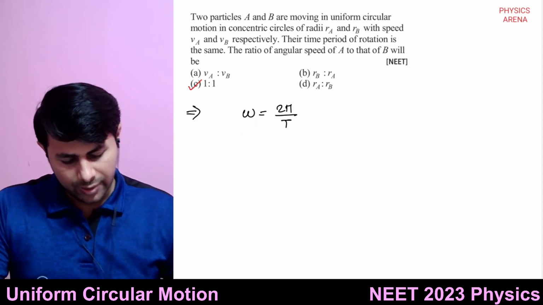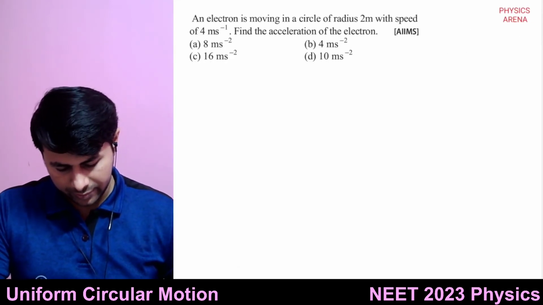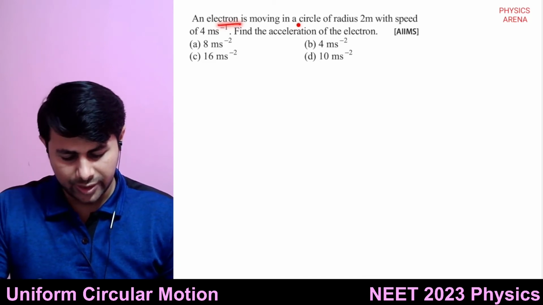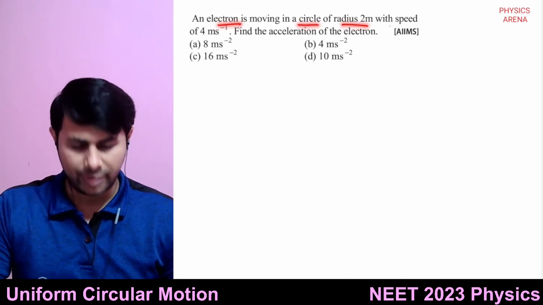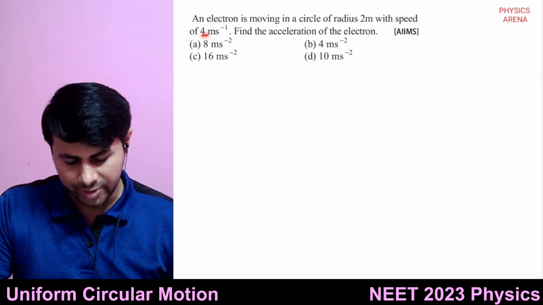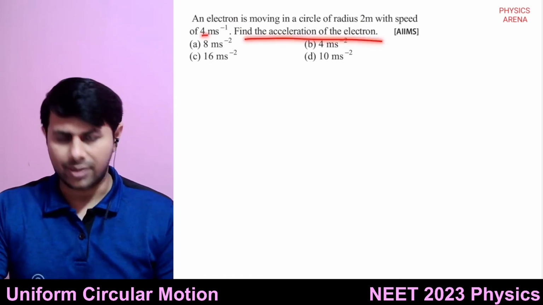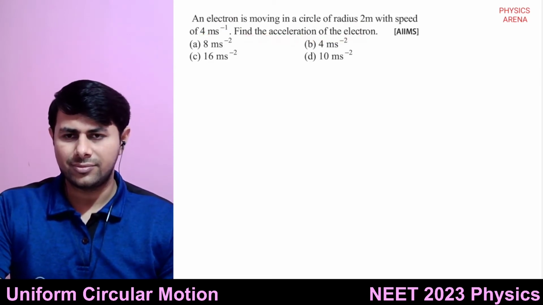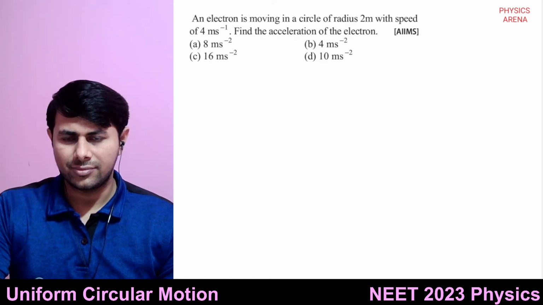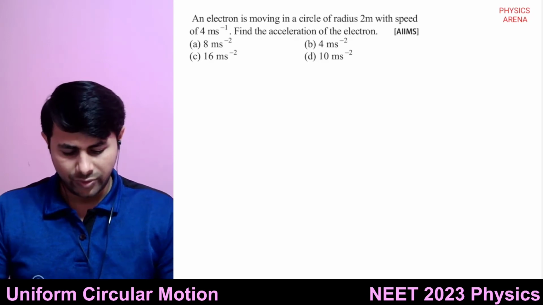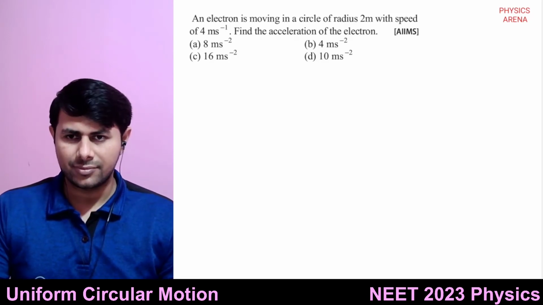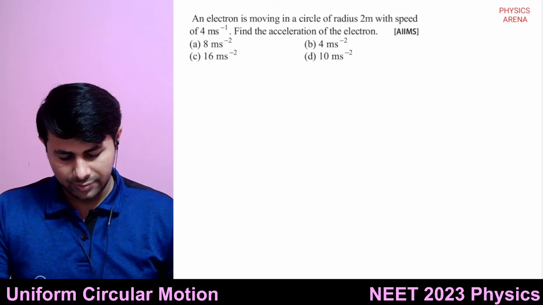Okay. So next question. An electron is moving in a circle of radius 2 meters with speed of 4 meters per second. Find the acceleration of the electron. What will be acceleration? V square by r.